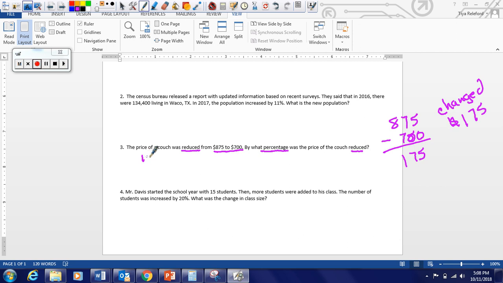That is my top number in my percent proportion. And it says by what percentage, so I know that's my x. Now, the bottom is going to be my original. Is my original price $875 or $700? Absolutely. Hit pause and solve that.